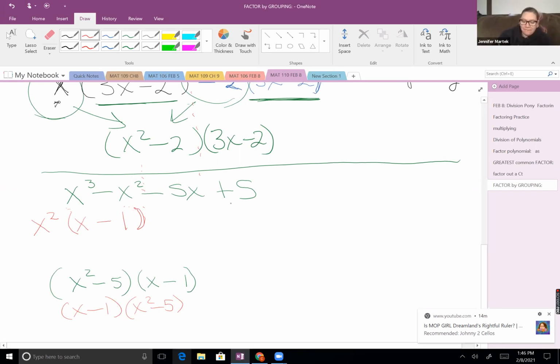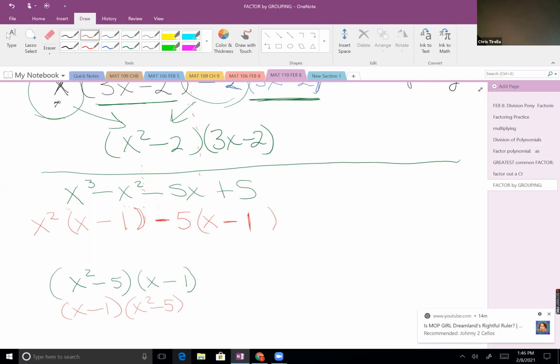And then both of these guys have a 5. And I always pull that leading sign. So I'm going to take out a negative 5. Minus 5x divided by minus 5 is positive x. Positive 5 divided by negative 5 would be negative 1. Some of you might have taken out a positive 5 instead.